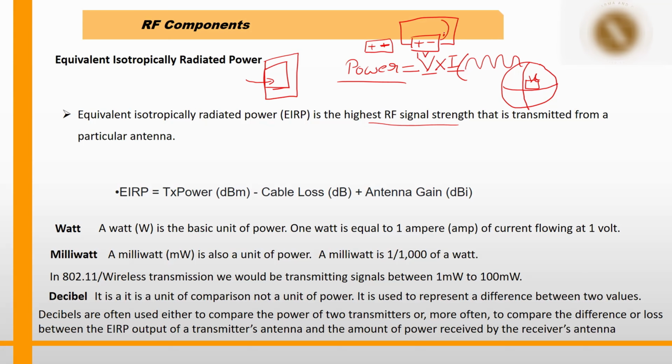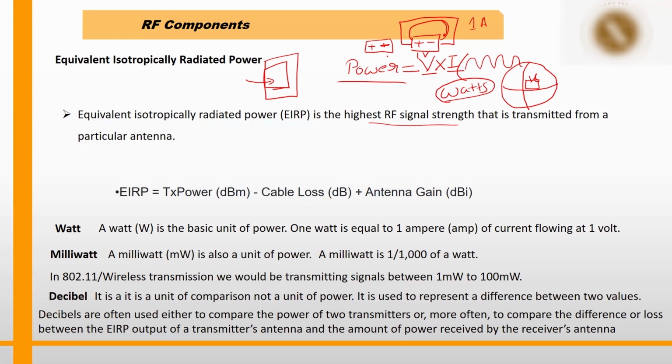It traveled from negative to positive. So that action generated 1 ampere of current, right? That voltage and the current, that is what the power is. And power is measured in terms of watts. This is the actual measurement of power. So what is power? Power is energy applied over a period of time.